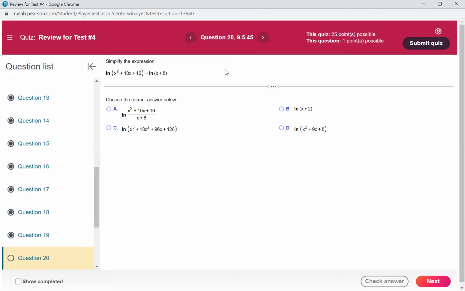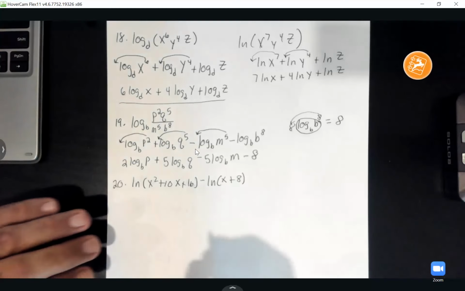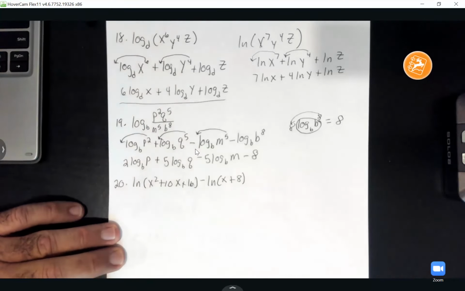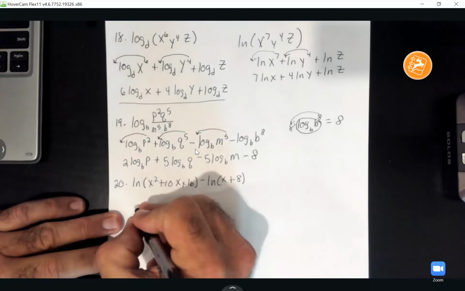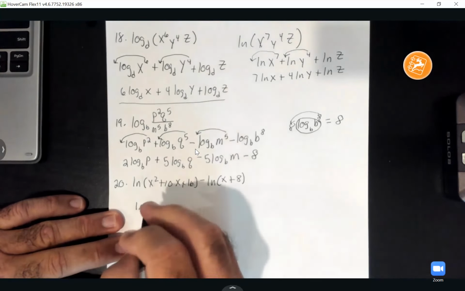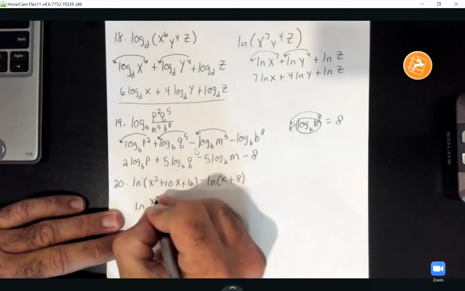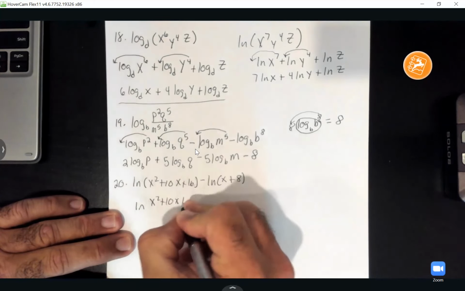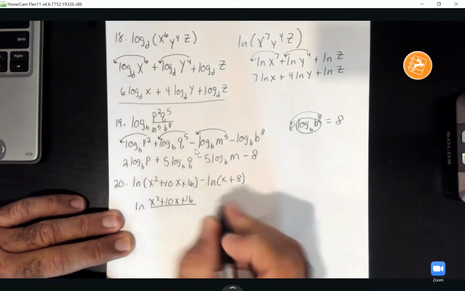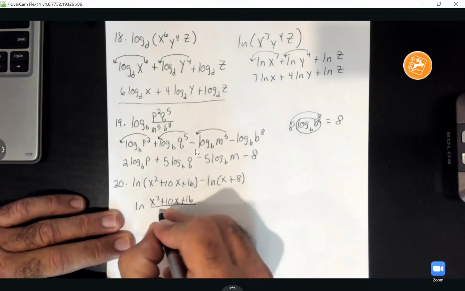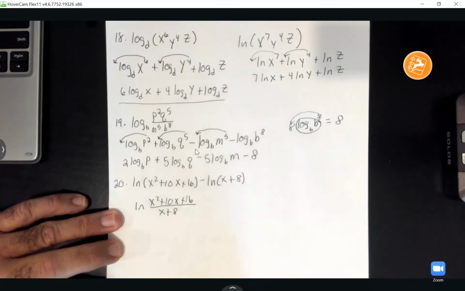I mean B. Oh man, that was quick. Let's see. I already did it. Sorry. And I'll tell you, if you do this enough, you can notice how quick you'll get them answers. All right, so for me, I've got to put my x squared plus 10x plus 16 on top. Remember, this is being subtracted, so the x plus 8 goes to the bottom.